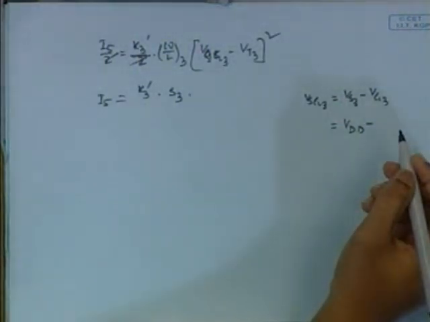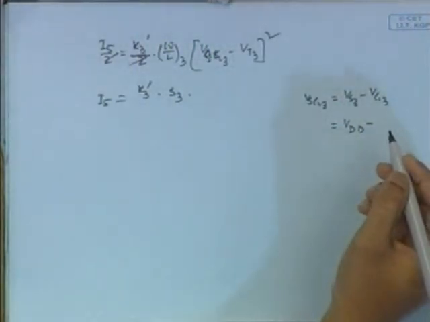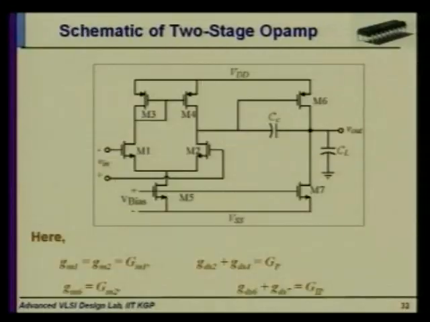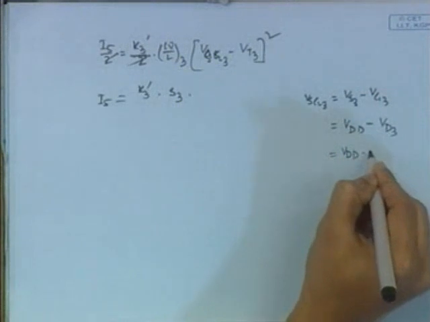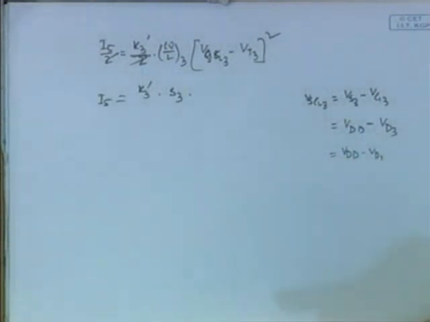Gate and drain are shorted for the M3 transistor. You can see from here that gate and drain are shorted. So this is basically VD3, and VD3 is nothing but VD1, the drain of the first transistor. Clear?